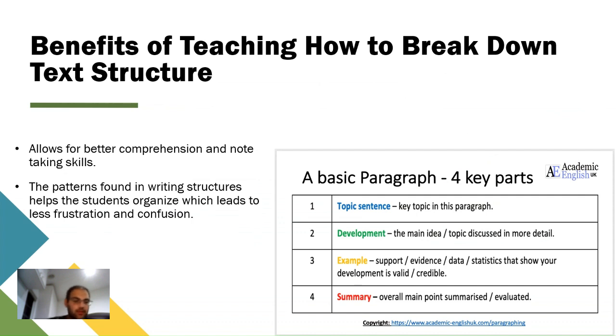The benefits can also be extended to giving the students a sense of confidence that they can complete the assignment, which makes them even more likely to complete it. The pattern they can learn to see from learning these writing structures leads to less confusion, less frustration, and more confidence, same kind of thing we talked about.